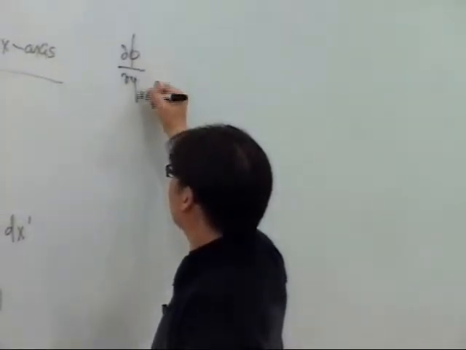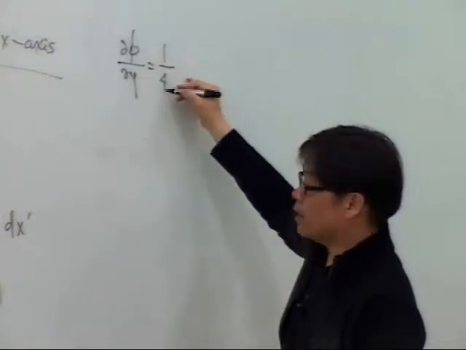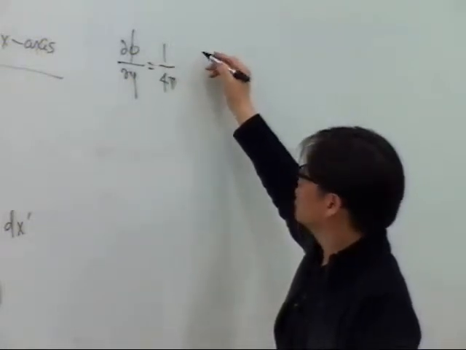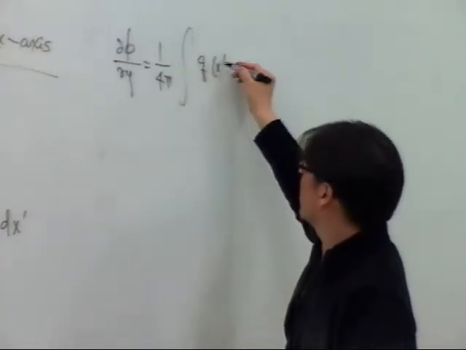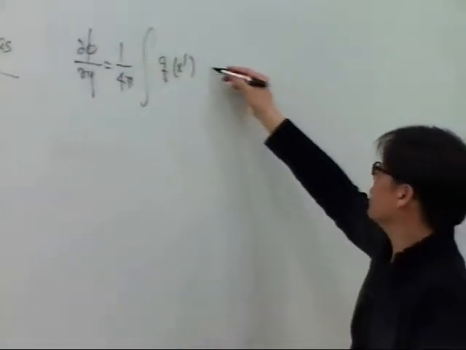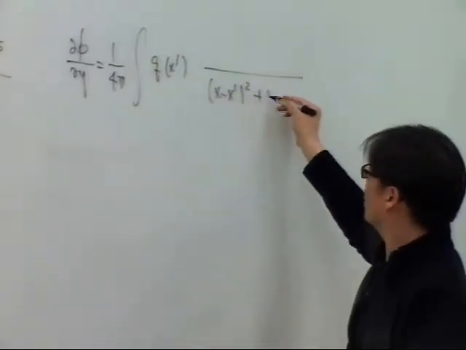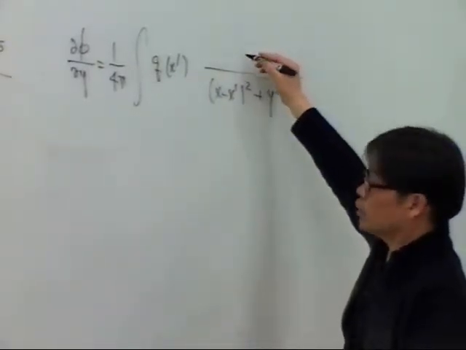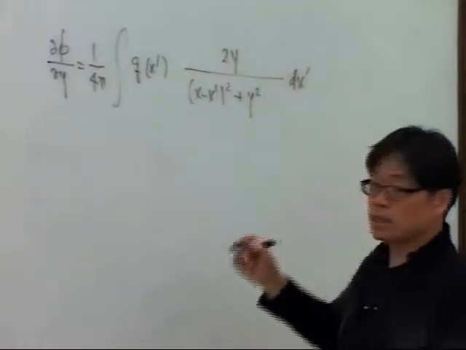So d phi dy is given by 1/4 pi, integral of q of x prime, and then I'm taking the y derivative, which is 2y, over the denominator, dx prime, correct?